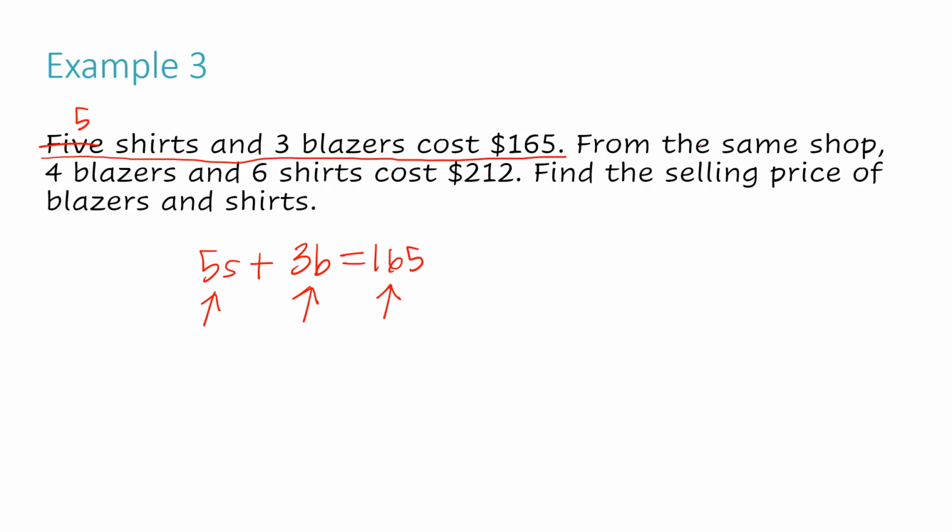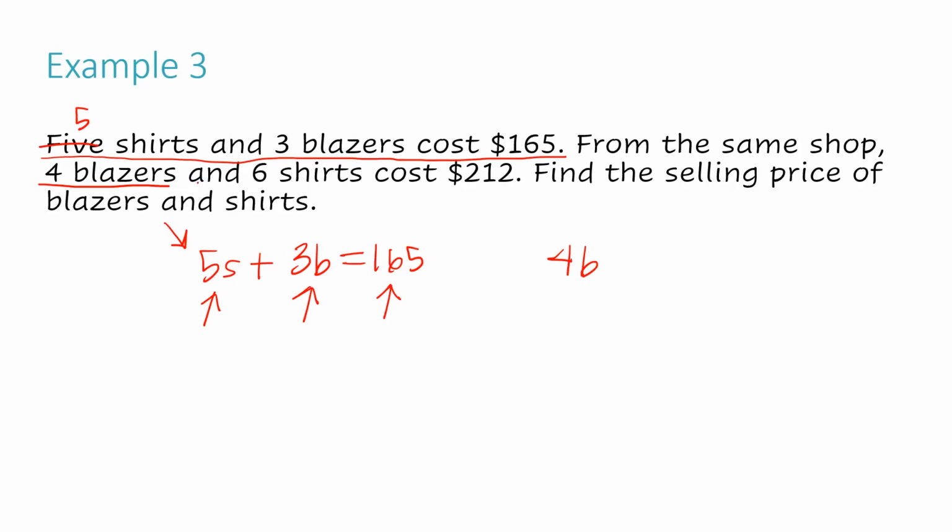Okay. From the same shop, 4 blazers and 6 shirts cost $212. Think about how that is going to be. What are we going to do? Okay, 4 blazers. Let's consider the model I did over here. So let's write that one as 4B.